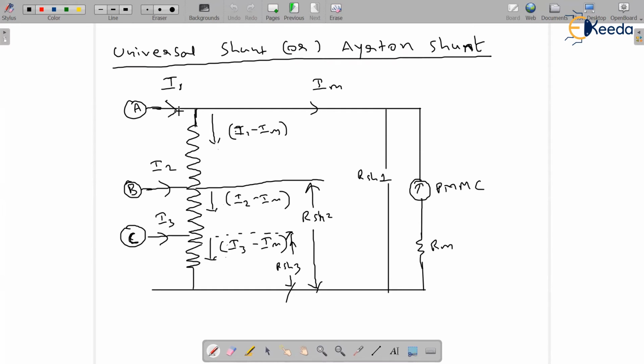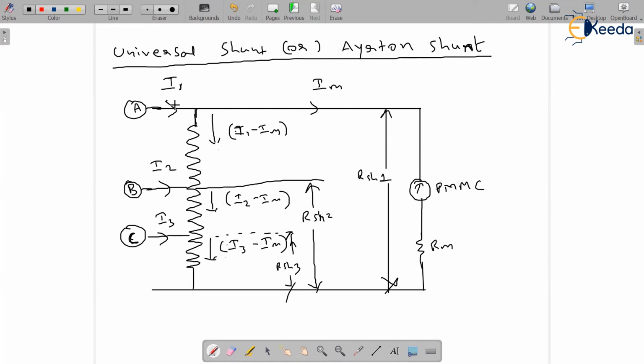So this becomes I1. Again, Im current is passing through this. This total is RSH1. This portion is RSH2. This portion is RSH3.